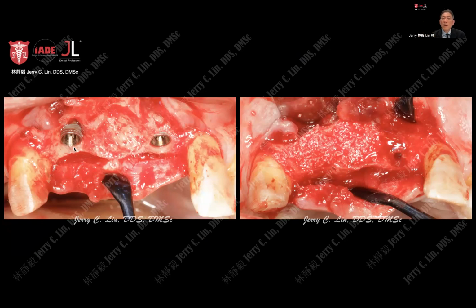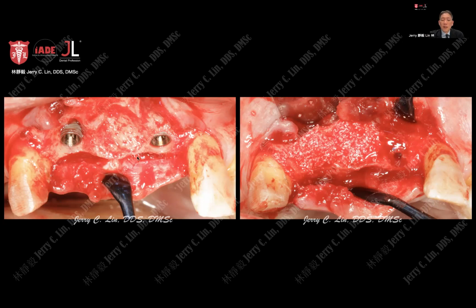Apical-coronally, we would like to have the implant platform 3 to 4 millimeters away from the future CEJ or future gingival margin for aesthetics. And anywhere the implant threads may be exposed, they have to be covered with bone. So we build up the bone to protect the deficiency, and also we build up the pontic area, and also this one.